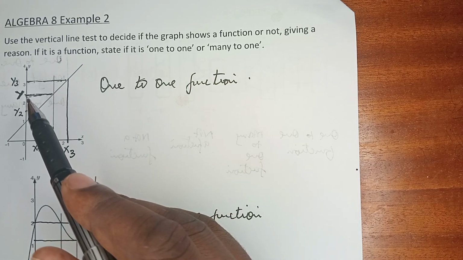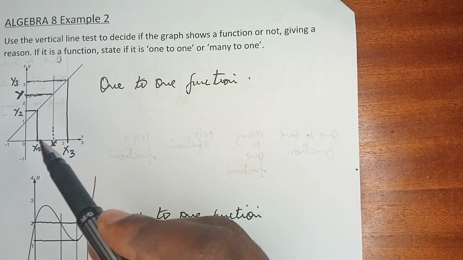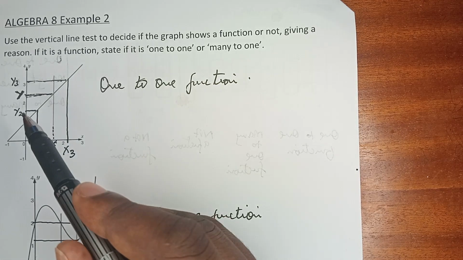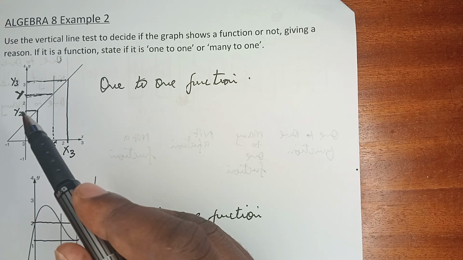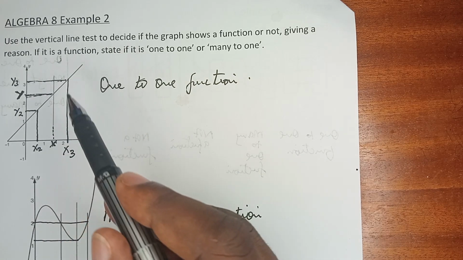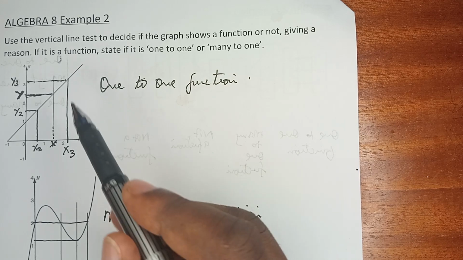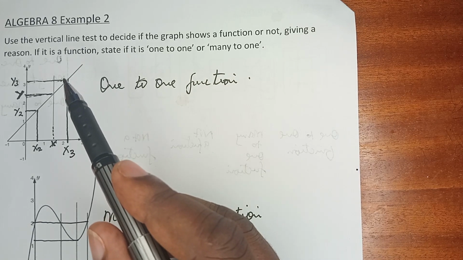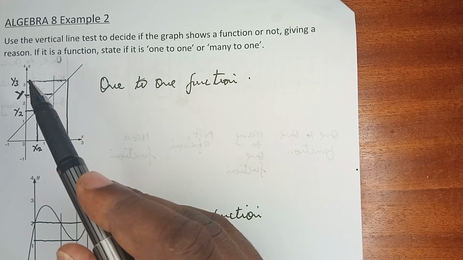If you introduce another vertical line and call it x2, it has a specific and different value of y, which we can call y2. Even if you draw another vertical line, x3, it meets the straight line at a different point and gives a different value of y.